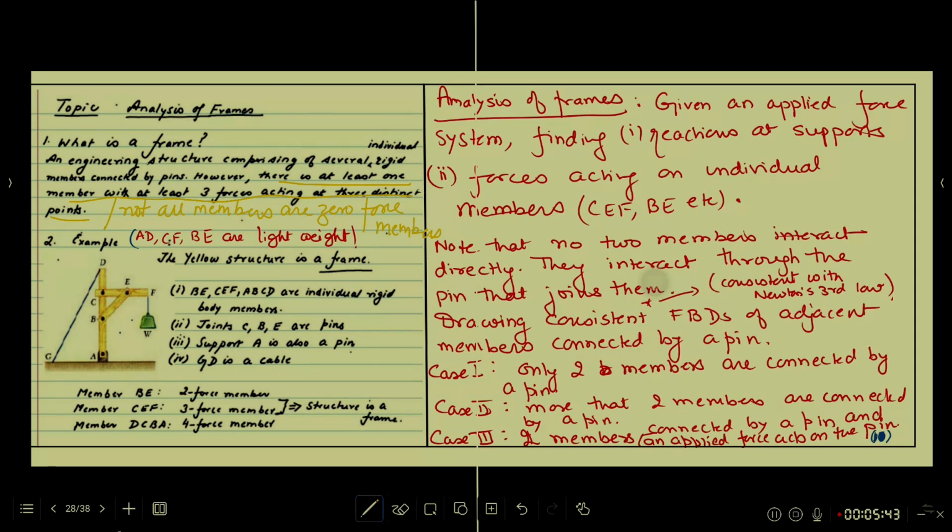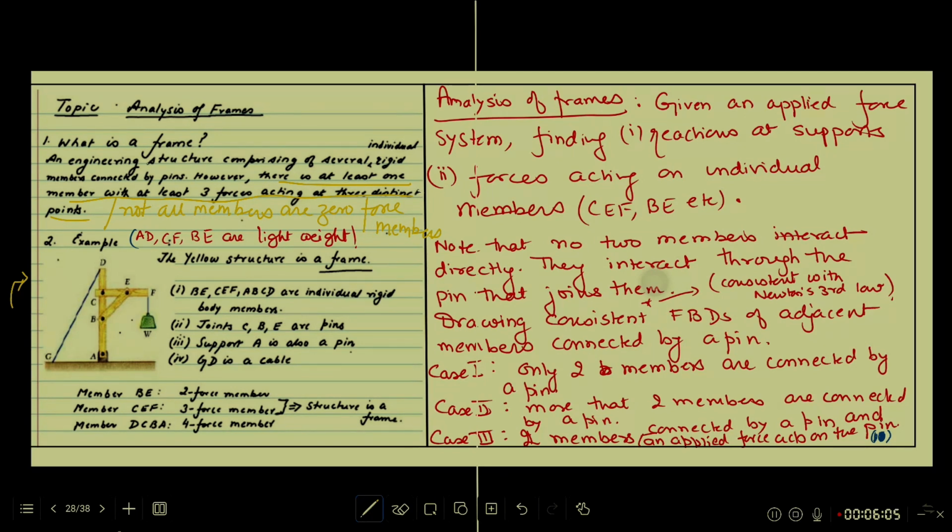Now the yellow structure that I am showing here is a frame. Is there at least one member which is having at least three forces acting on it? There is one. We will see this.